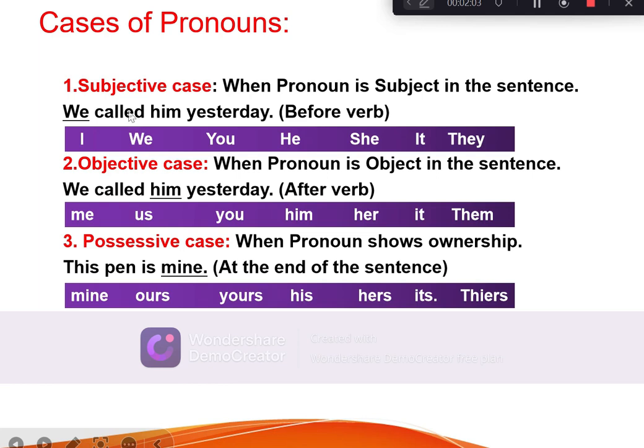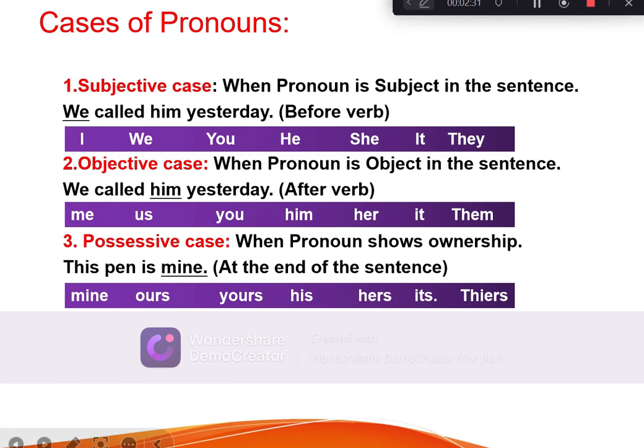Called is a verb and we is used before this verb. Therefore, subjective pronouns are the pronouns which are used before the verb as a subject in the sentence. Below is a complete list of the pronouns which can be used as subject: I, we, you, he, she, it, and they. These pronouns are always used as a subject in the sentence.